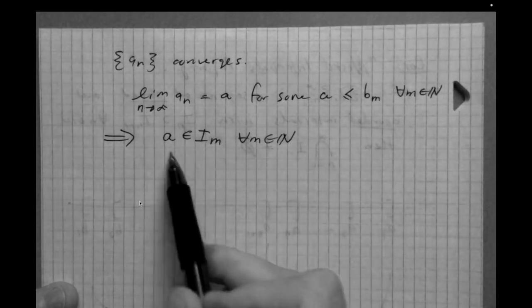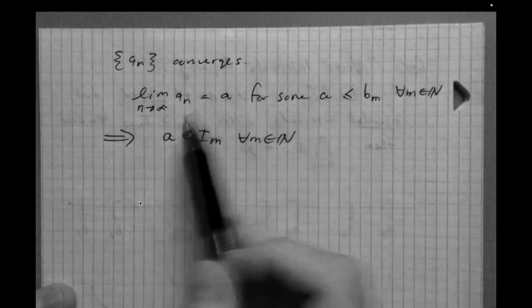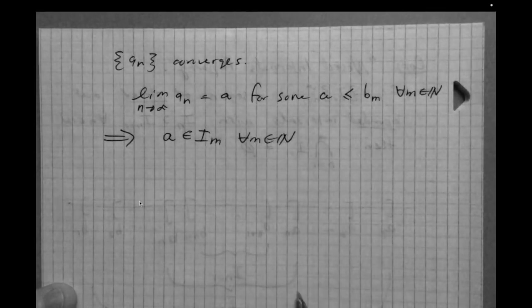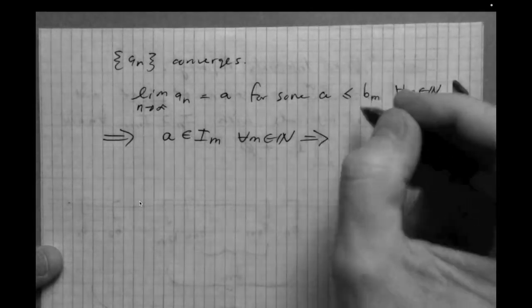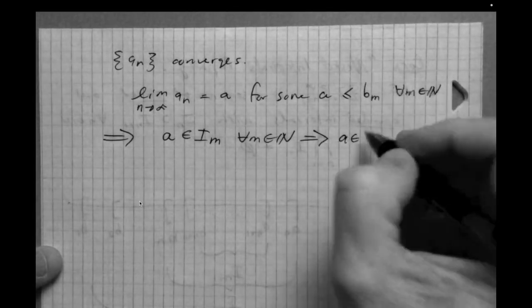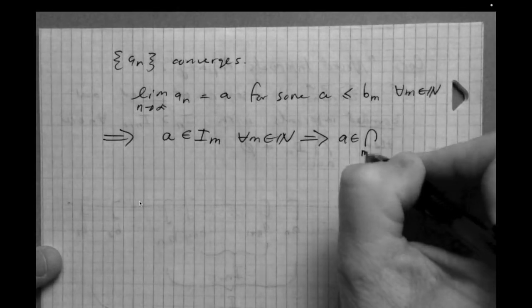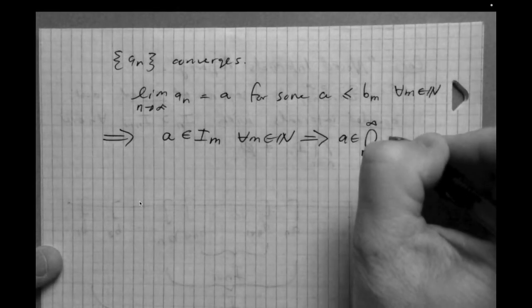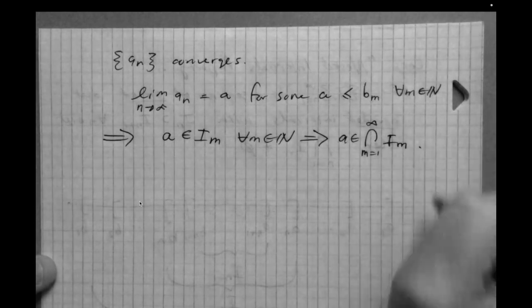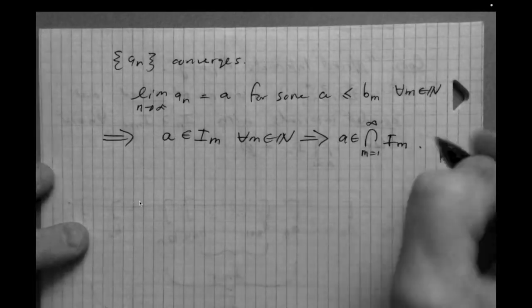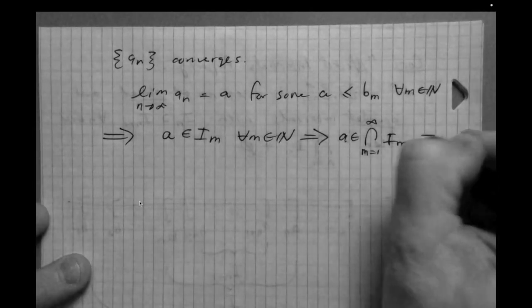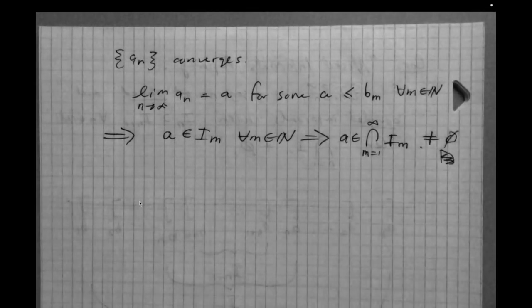So that means A must be in every one of these intervals, since the intervals are all nested, right? So if A is in every interval, then that is all we need. So A must be in the intersection. Okay. And so that means the intersection is not empty.